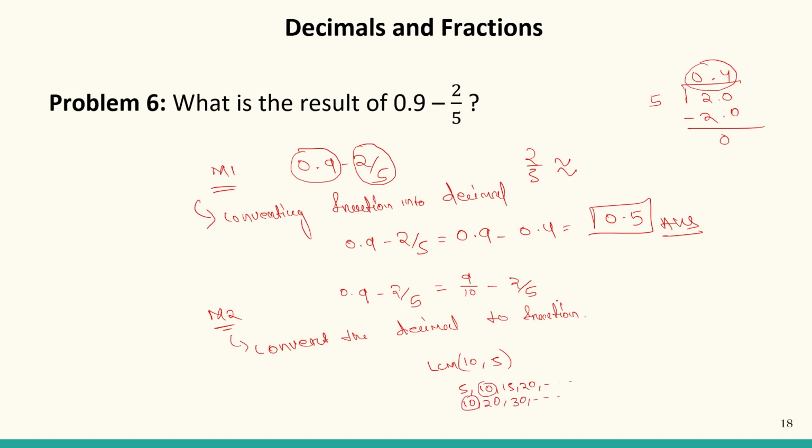Okay, so we need to convert this fraction to a fraction that has denominator 10. So what we need to do is 9 by 10 minus, we need to multiply 2 with 5 in the denominator, and then multiply 2 with 2 in the numerator. So this is now 10, and 9 minus 4 is equal to 5 by 10.